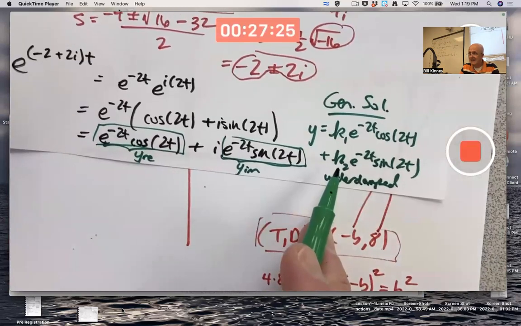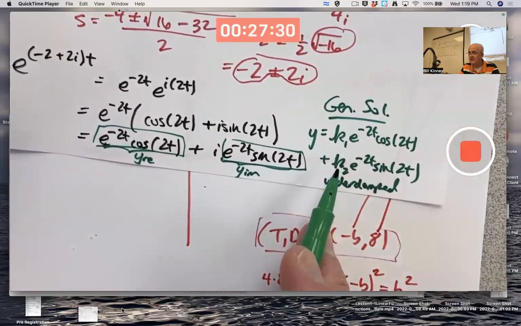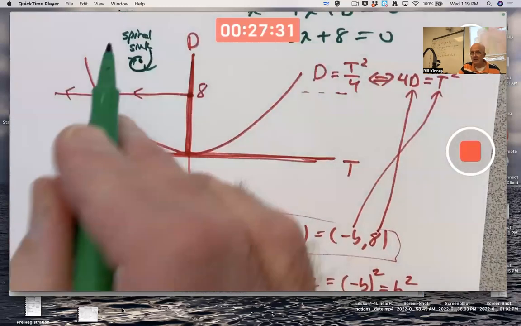If you convert it to vector form and draw solutions in the phase plane, it'll look like that.